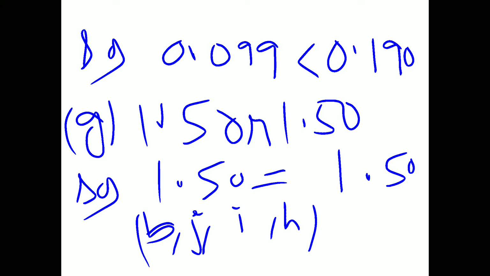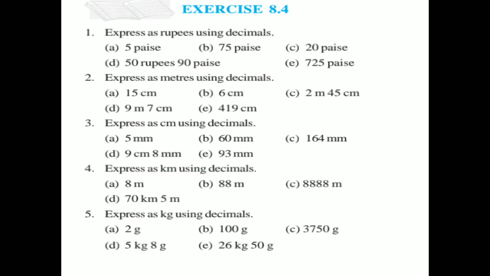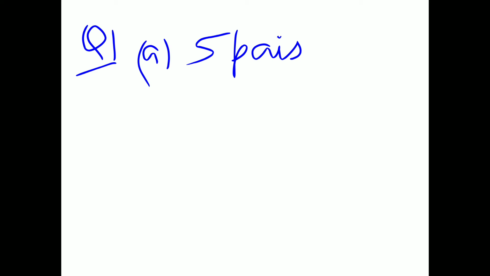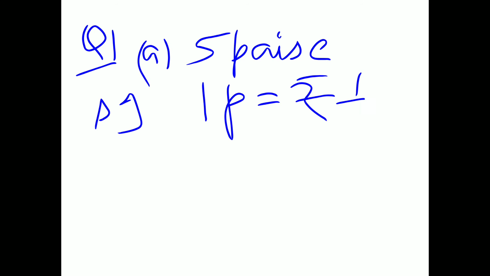Clear? Now we will start exercise 8.4. In exercise 8.4, we have to convert numbers into decimals. How can we convert it? Firstly, we see question 1. Express the rupees using decimals. Now 5 paisa is given, question number 1, A part. So, how can we write? 1 paisa is equals to rupees 1 upon 100.